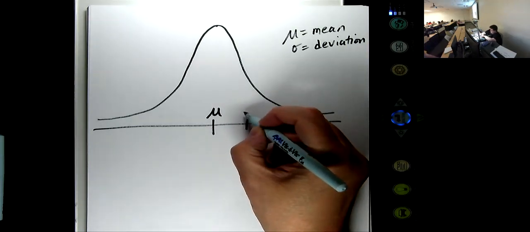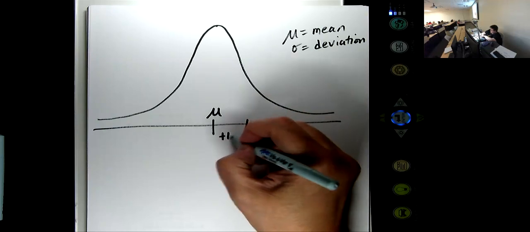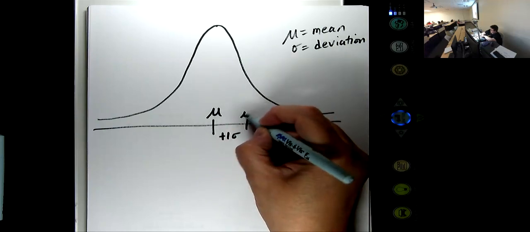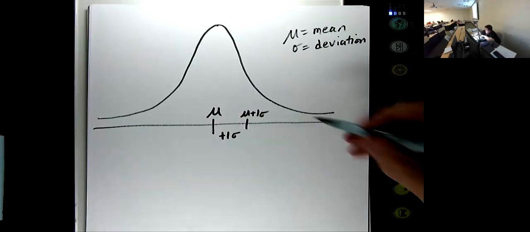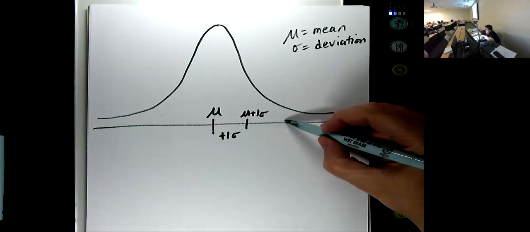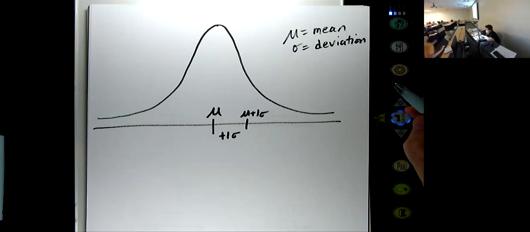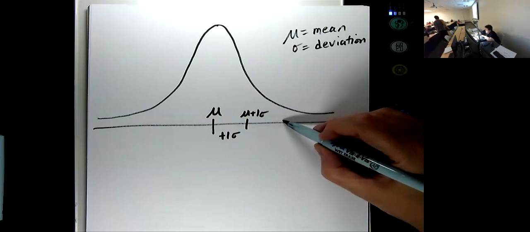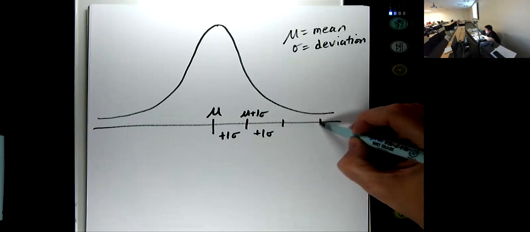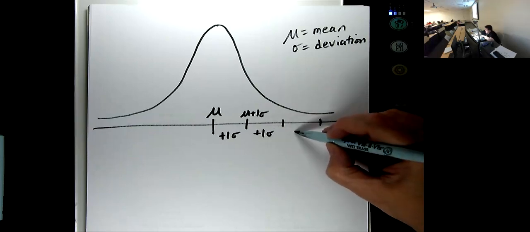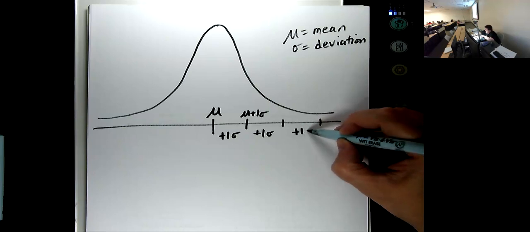We can go out, if I add 1 deviation to the mu, this is mu plus 1 deviation. I'm going to do this 3 times. I'm going to add 1 deviation 3 times.